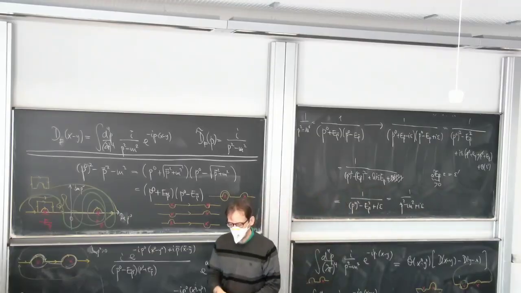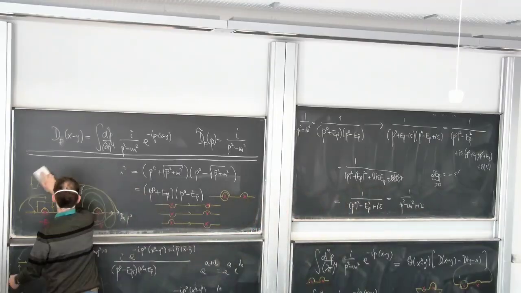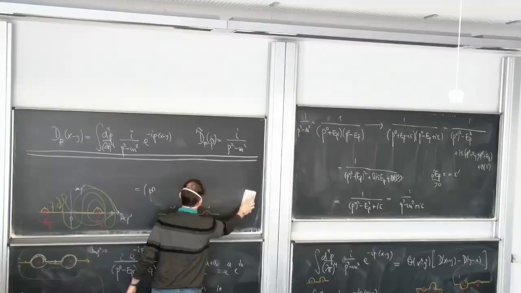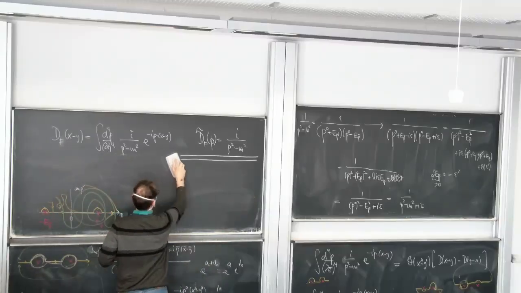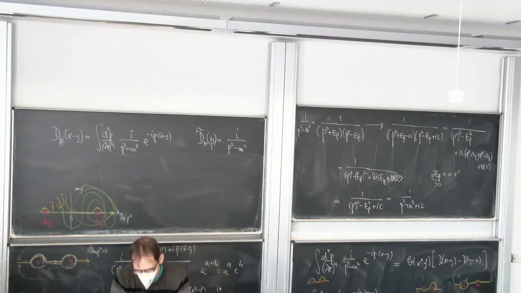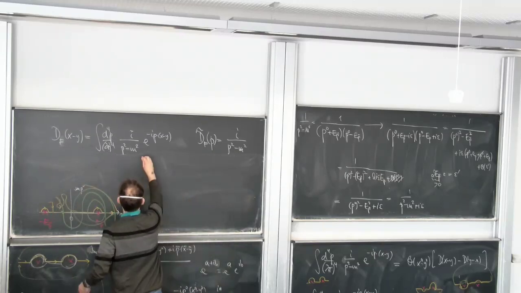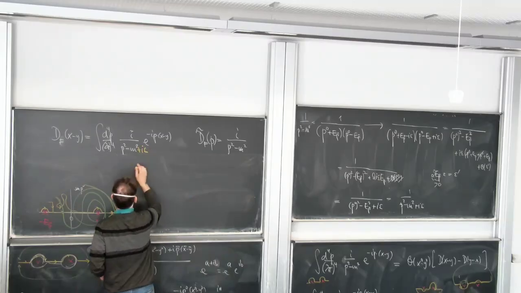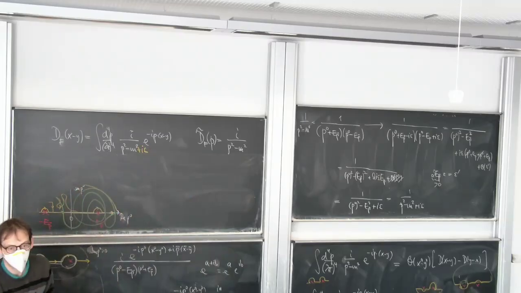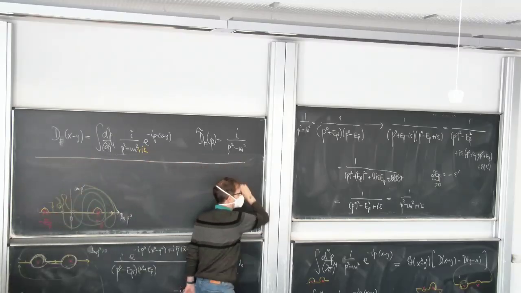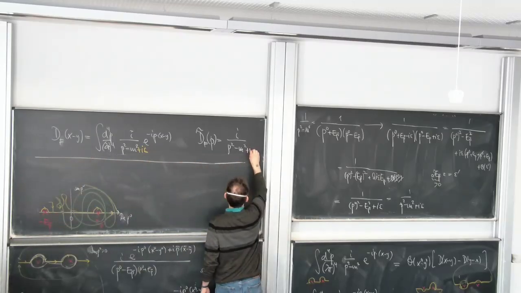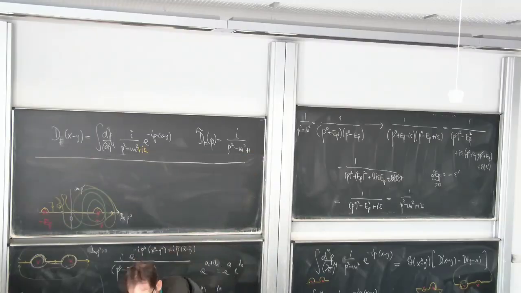And now we can write the answer really, if I may, I'll just keep this and add plus i epsilon. And now it is the DF. Now it's DF, and it's the answer. And here plus i epsilon.